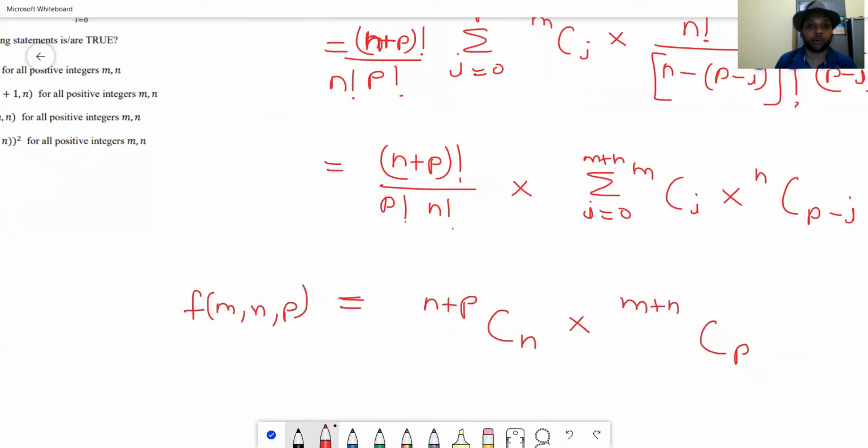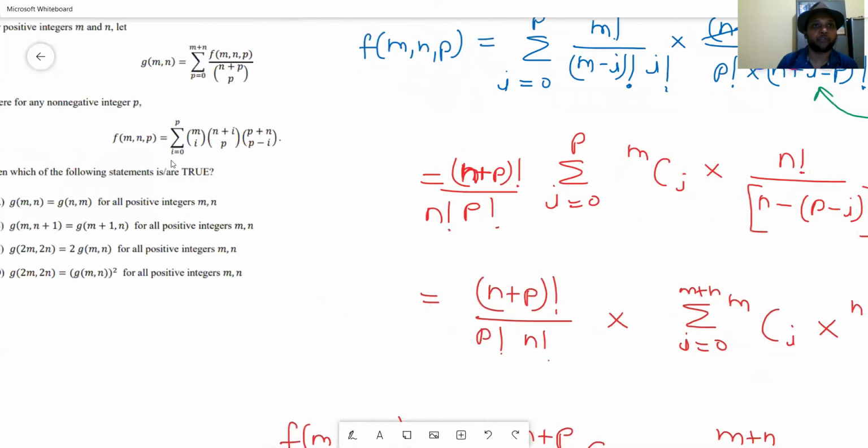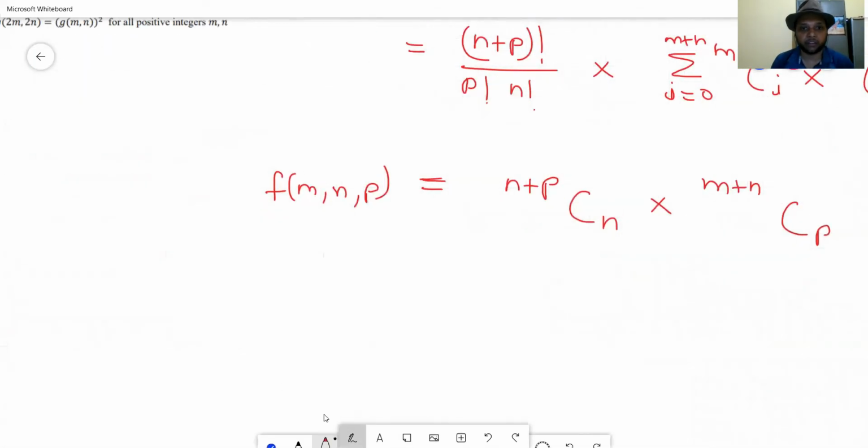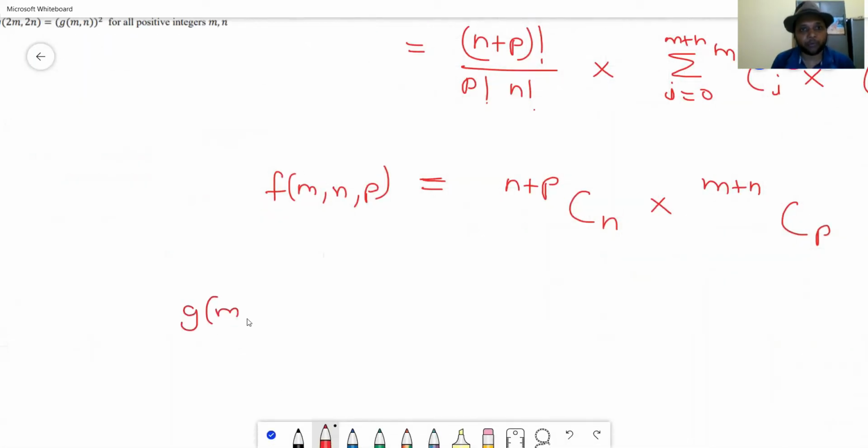Now we have to find out g of m comma n, and the expression f of m comma n comma p is involved there, so let us use just that. So g of m comma n is nothing but summation where p starts from 0 to m plus n.